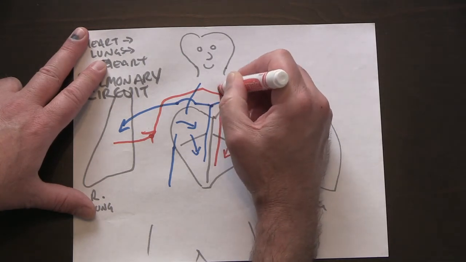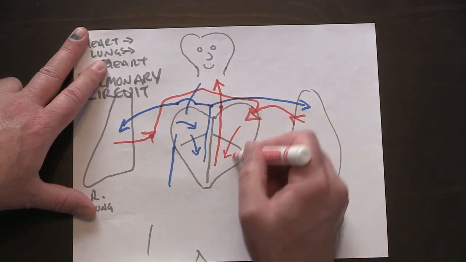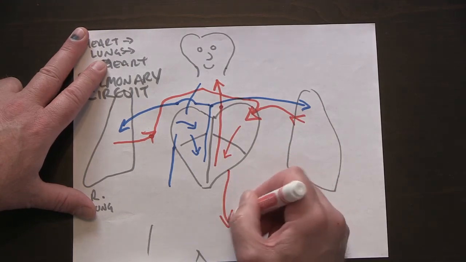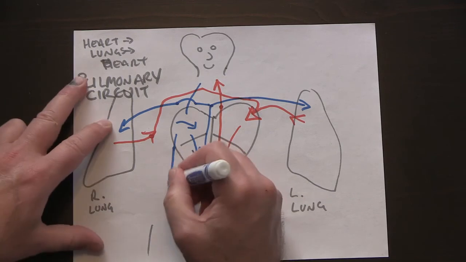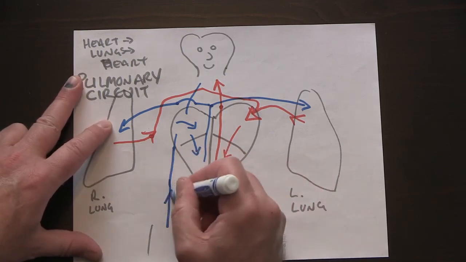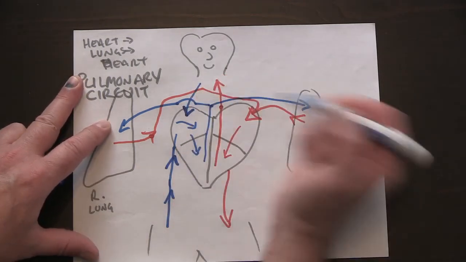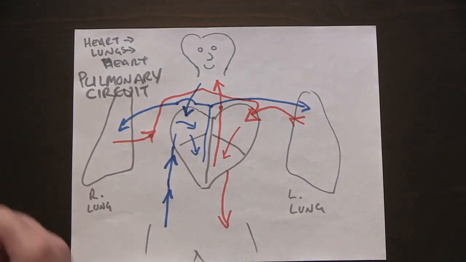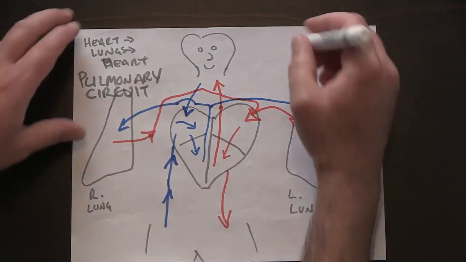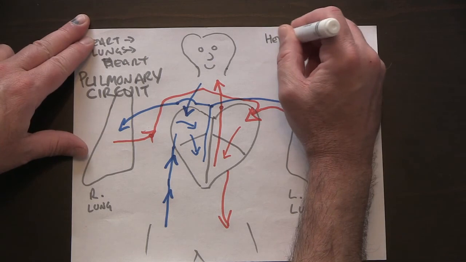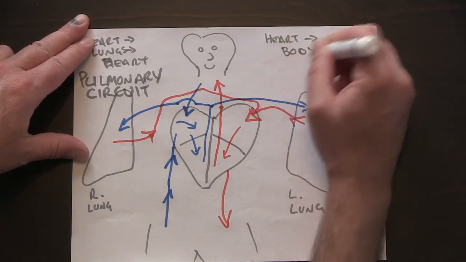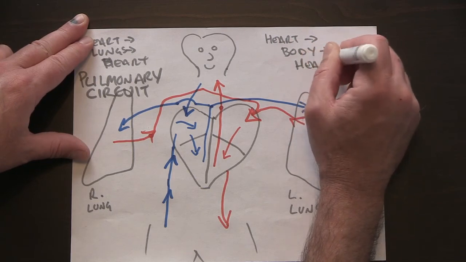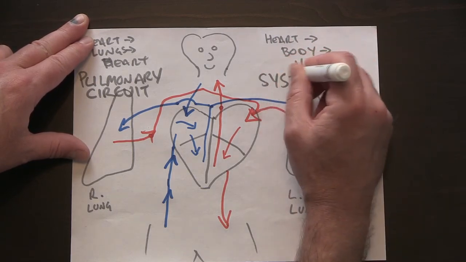And it's either going to go up to the head or down to the rest of the body. And then it's going to lose its oxygen, go back to the heart to pick up more oxygen, right? So going from the heart to the body and then back to the heart, this is known as the systemic circuit.